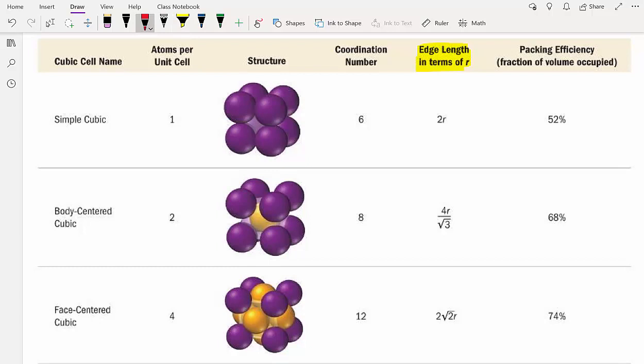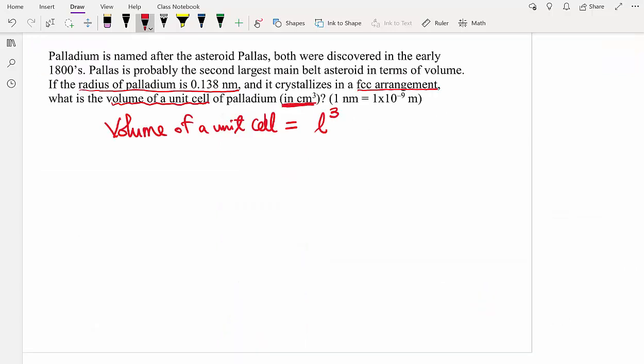In the case of FCC arrangement, the length is equal to 2 root 2 multiplied by r, as you can see here. Therefore, the length of the edge of the FCC arrangement will be equal to 2 square root of 2 multiplied by r.